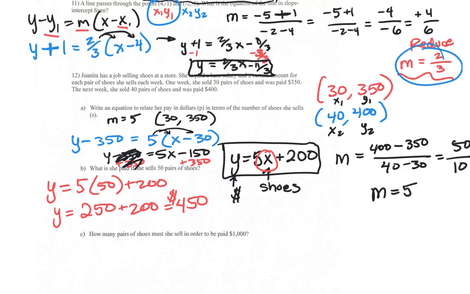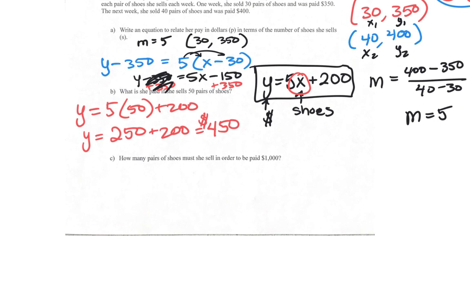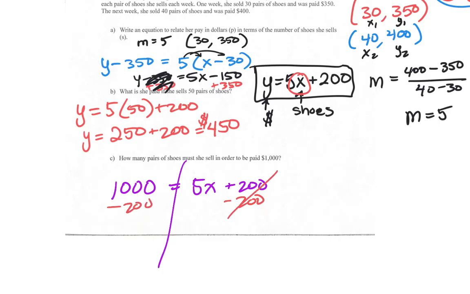All right, and if she wants her output, her Y, to be $1,000. She wants to make $1,000. How many shoes is she going to have to sell? Oh, I used S. Let's use X. So it is a two-step equation. Subtract the 200. That's $800 equals 5X.